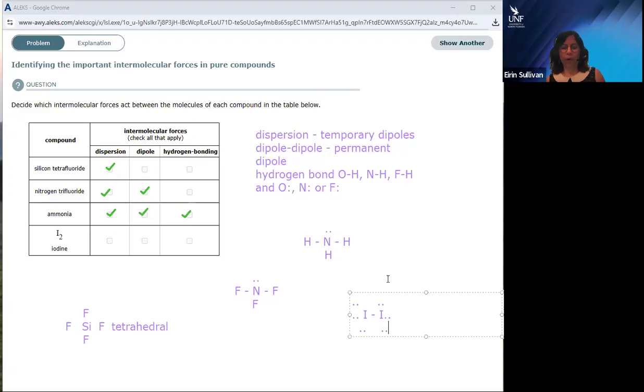Okay, so this is what diatomic iodine would look like. Again, two atoms of the same identity, completely non-polar. So the only possible intermolecular force is dispersion forces. All right, so I hope that is at least a little bit helpful for you in squirreling this out.